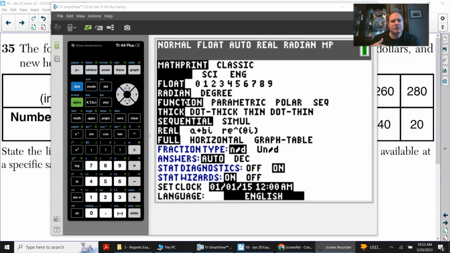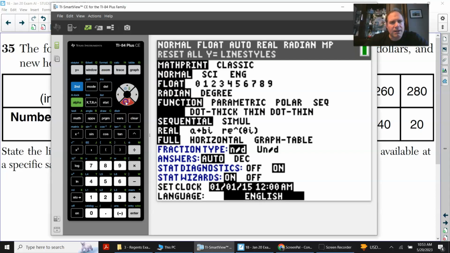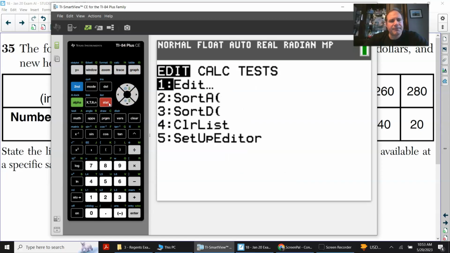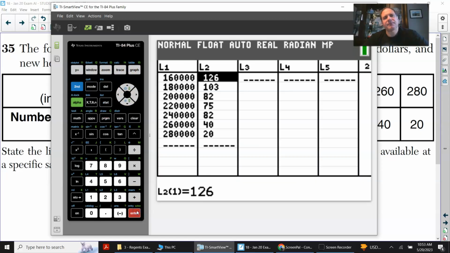Once they ask you to reset the calculator, the stat diagnostics is off automatically, and you won't see the linear regression. You won't see the correlation coefficient. So just press mode and then you go down all the way to stat diagnostics. And if it's off, you must turn it to on by pressing enter. And you can press down to see that that is shaded in. So just remember that. So here's my list.